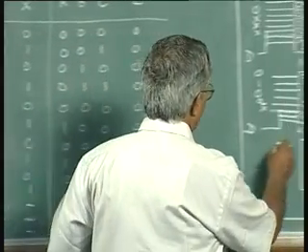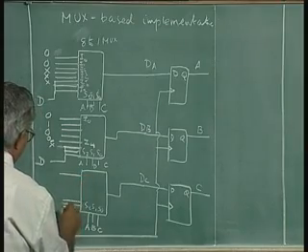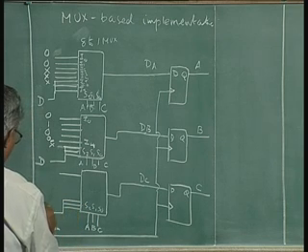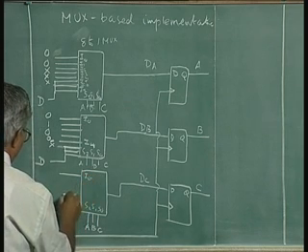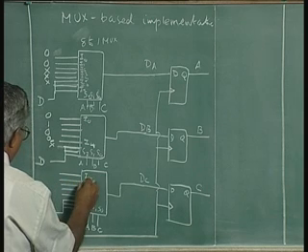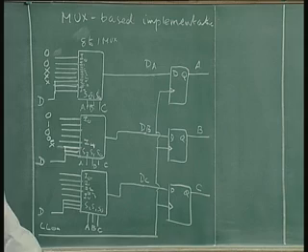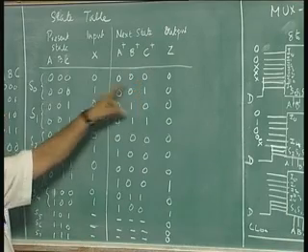The next is what? The last 3 is again don't care. So, I0 to I4, 1, 2, 3. Present state 0, next state value is same as the input value.